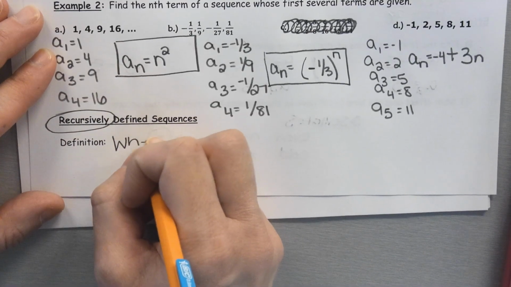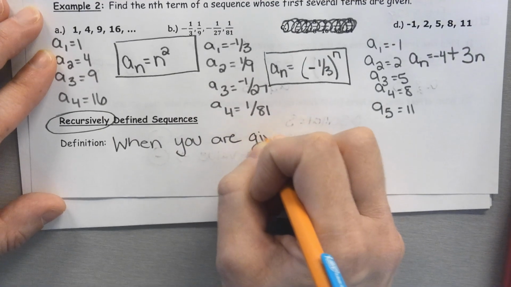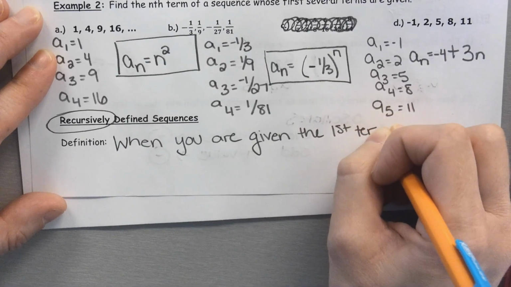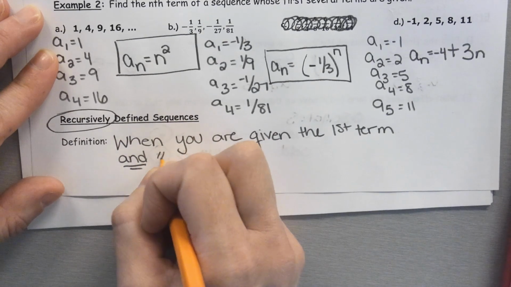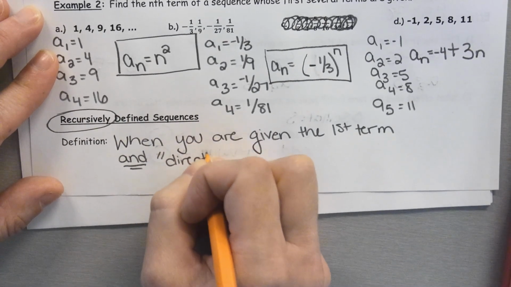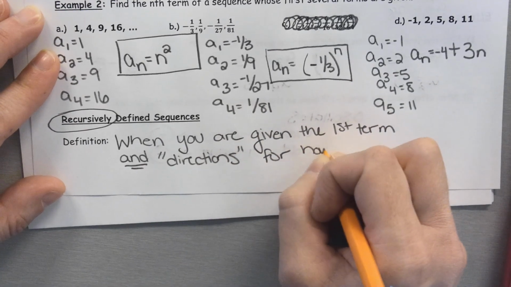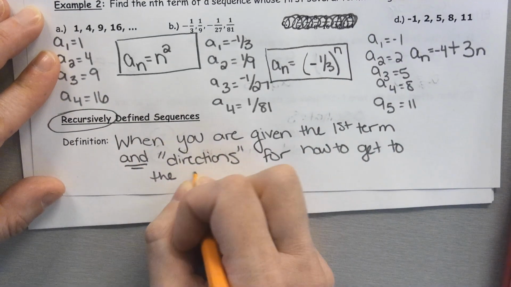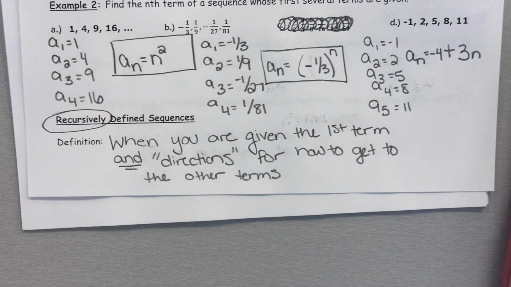So, this happens when you are given the first term, and directions, I call them directions, so I'm going to put it in quotes, and directions for how to get to the other terms. And I'll show you what that looks like in just a minute.